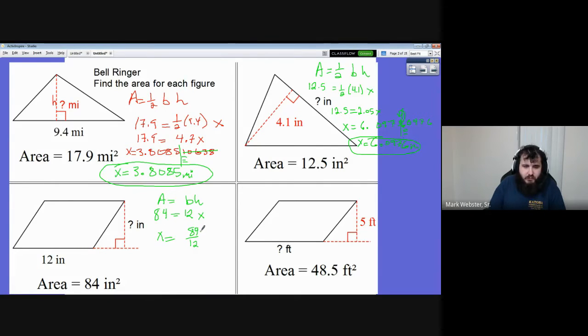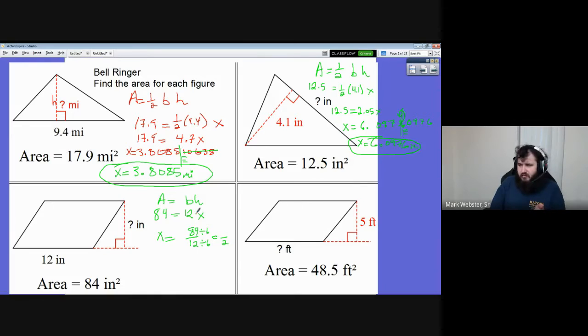And if I divide the top and the bottom by 6, I know they both have a 6. 84 is, I think, 14, right? 6 times 14 is 84.